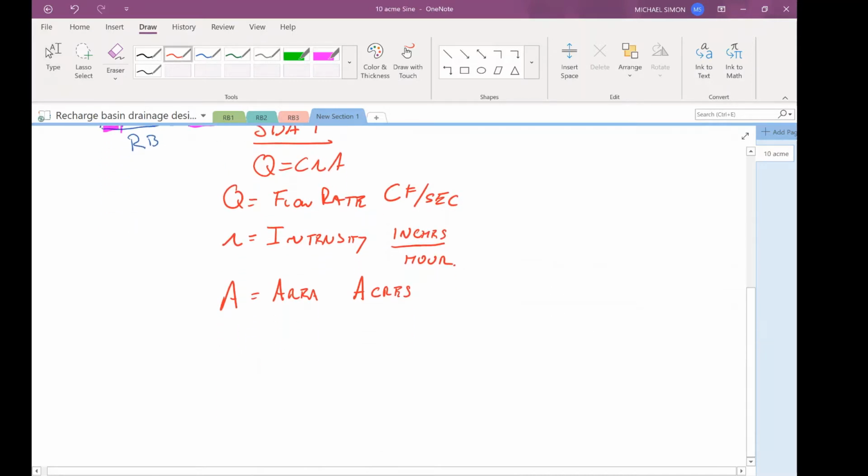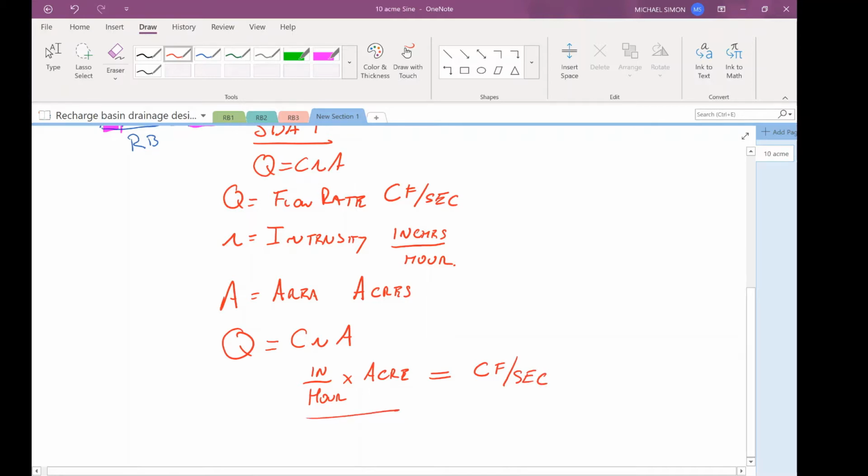Okay, so Q is equal to CIA, and let's look at the units now. That will be equal to, C's unitless, so we get an inch per hour times an acre. And I'm telling you that's equal to cubic feet per second.